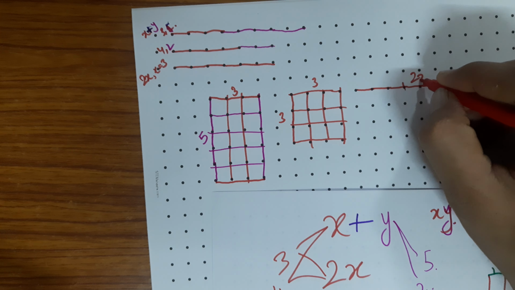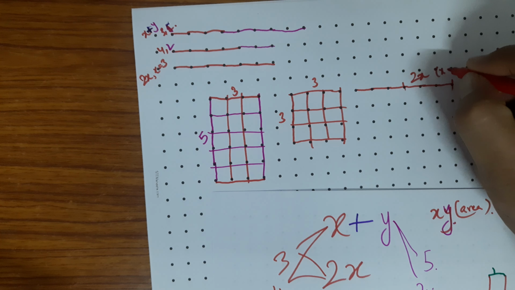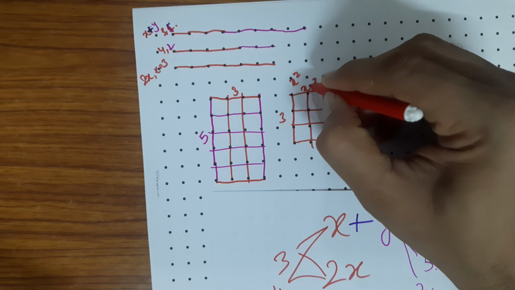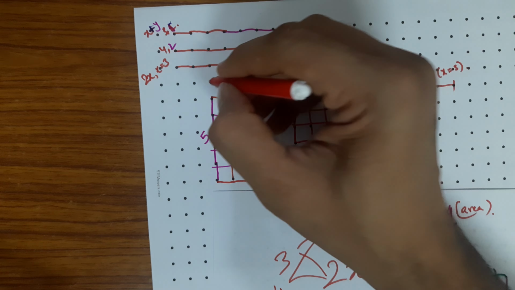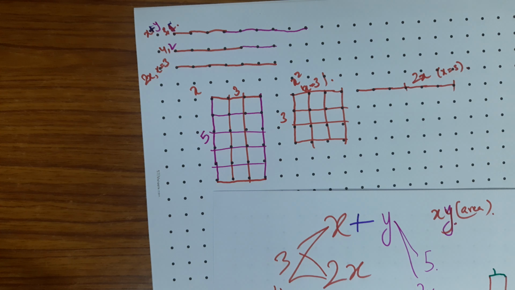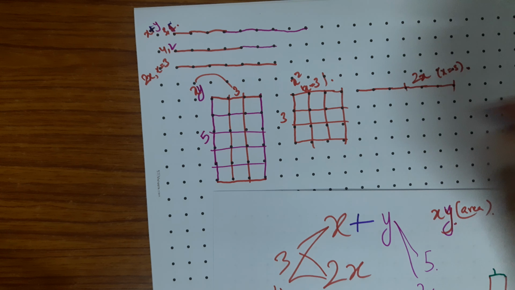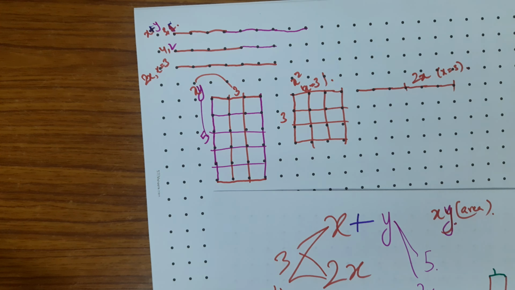This is 2x, where x is 3. This is x square, where x is 3. And this is xy, where x is 3 and y is 5. So the connection between a length and an area perhaps becomes clear.